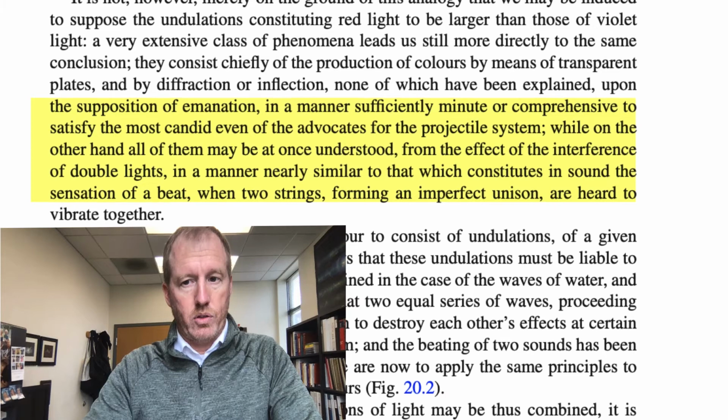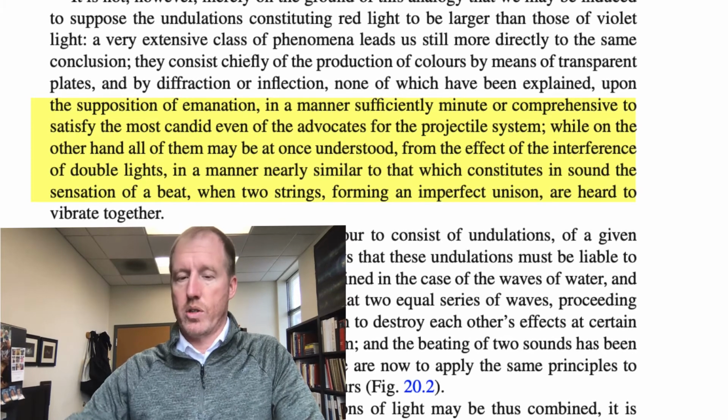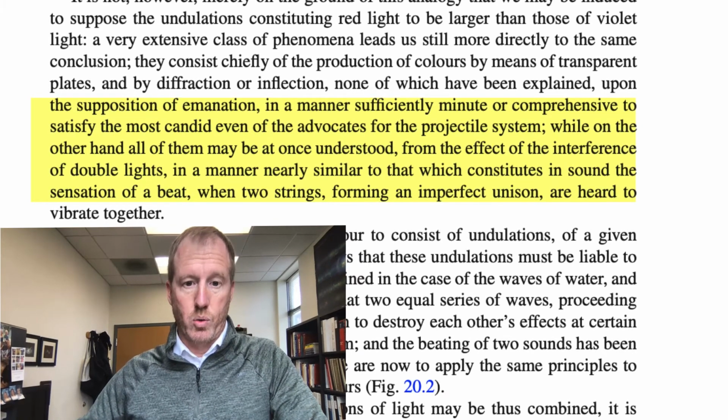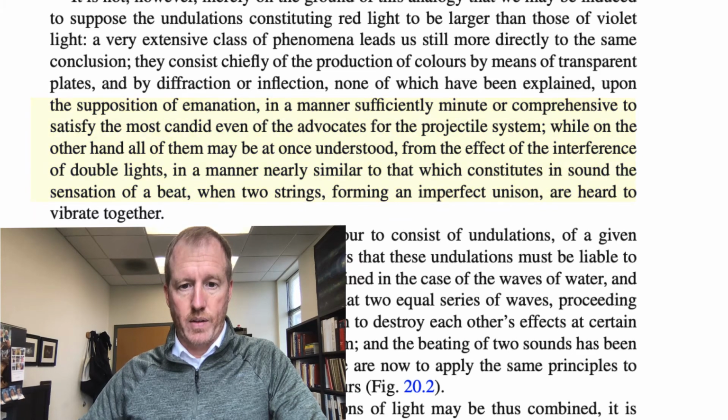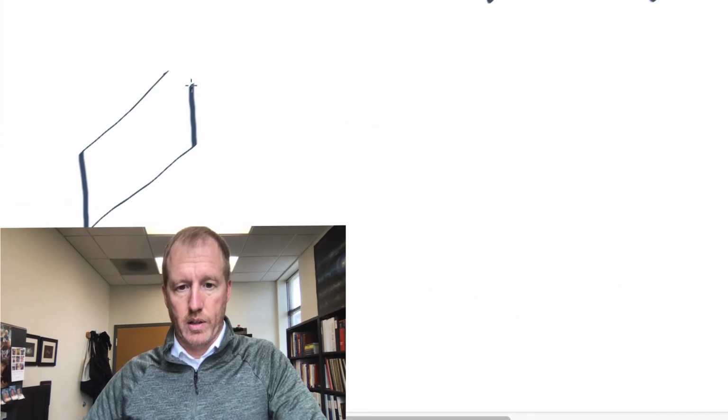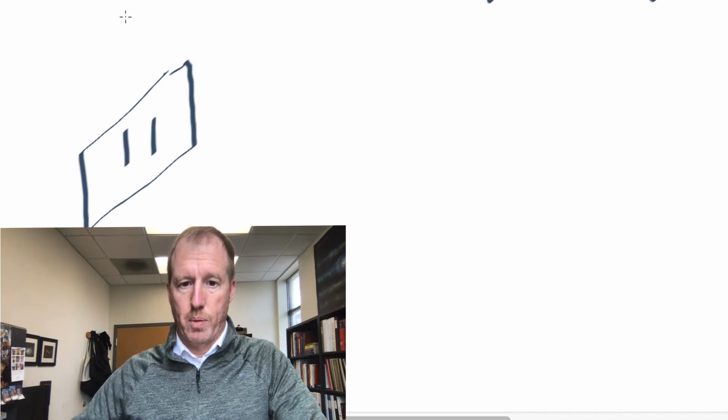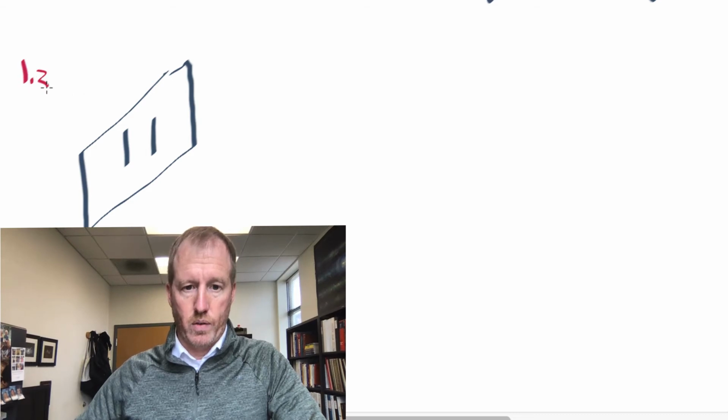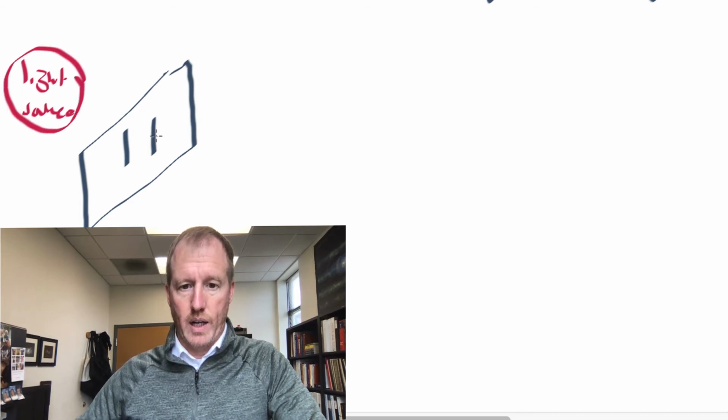But essentially what he's going to argue is that if you were to take a boundary or a barrier like this, and you were to cut two very narrow slits in it, and you put a light source behind the barrier, and this is something that you did in lab already this semester, the light is going to travel through both of those slits.